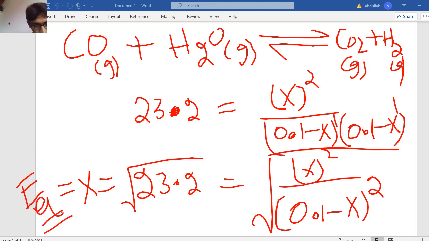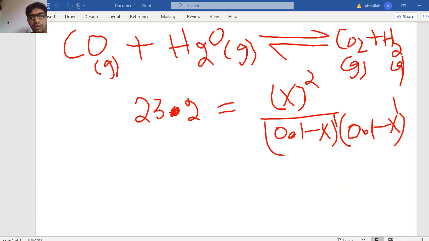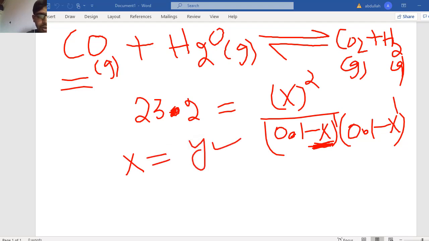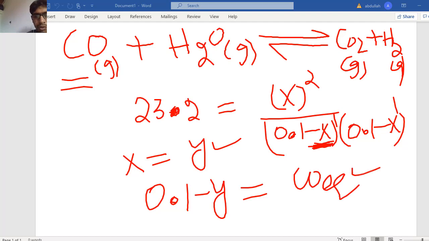Suppose it is some value like y. Now what will be the equilibrium concentration for carbon monoxide? As we determined x, which we supposed was y, put this value in this relation: 0.1 minus y is the equilibrium concentration of carbon monoxide.